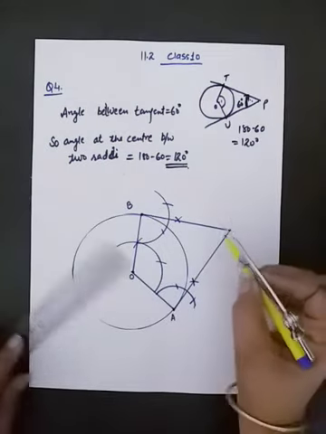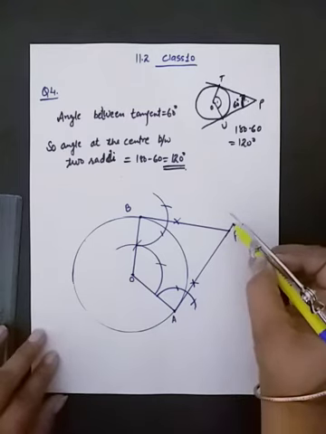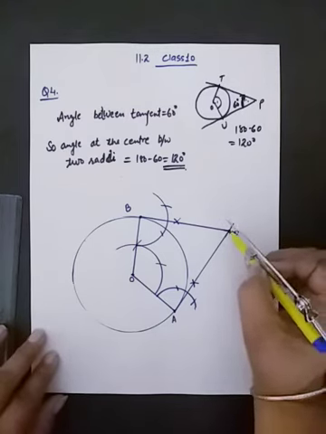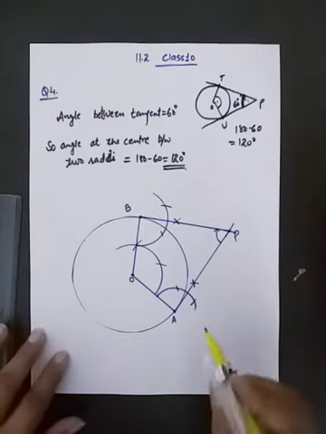And both of the tangents intersect at point P. It can be like this also. Now this one angle automatically will be of 60 degree.